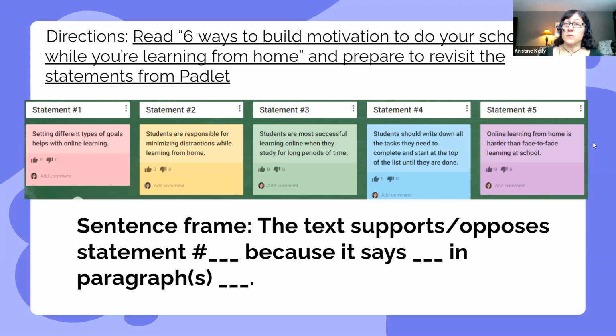I may say, I want you to do this 2 or 3 times, or address 2 or 3 statements, however many I want them to do. Then for the next class, when they join, they've got something to talk about, and they've had some luck with the text.